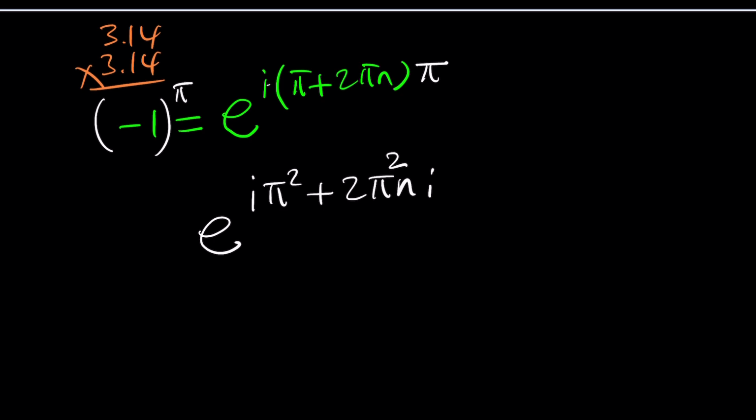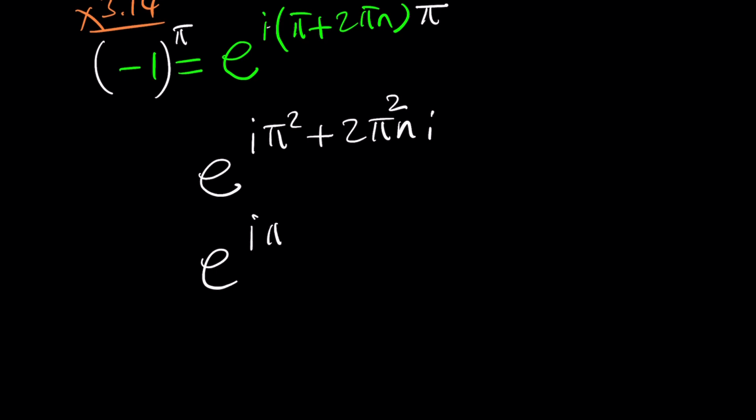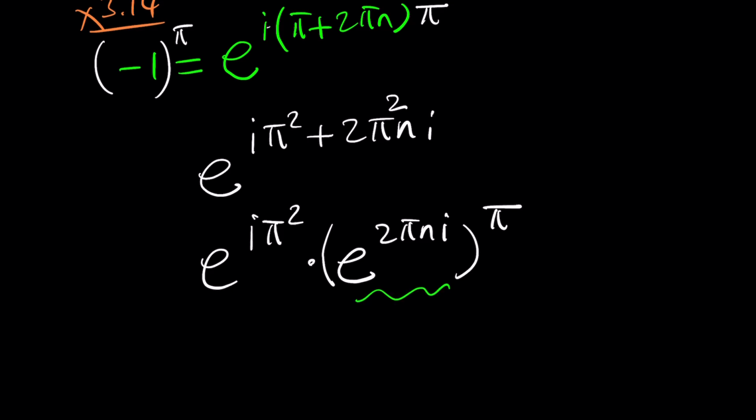Of course, there's going to be another pi squared here. Make sense? So it's pretty much the same thing. And let me tell you something interesting. These are actually equivalent, because when you multiply or separate it like this, what's going to happen is this is going to be 1 all the time. So when you raise 1 to the power pi, it's also going to be 1. So you're going to pretty much get the same result.